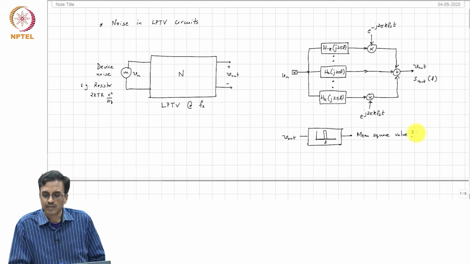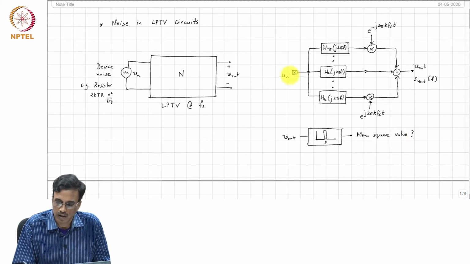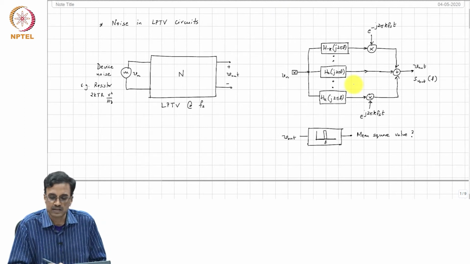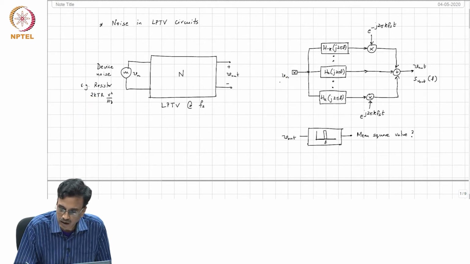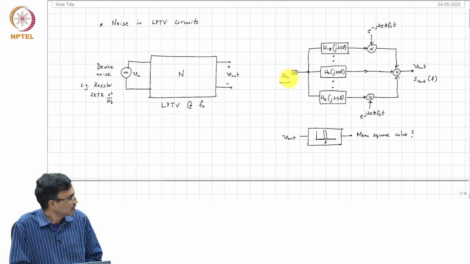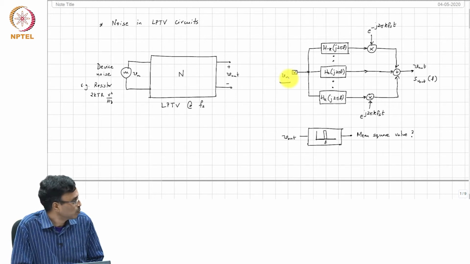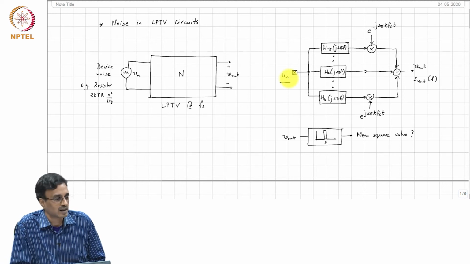The other thing is that when we are talking about a time invariant network, if you look at Vn, device noise or resistor noise, for instance, if you look at the power in a narrow frequency band, whether you measure it now or a time t later, the statistical properties of the noise do not change.